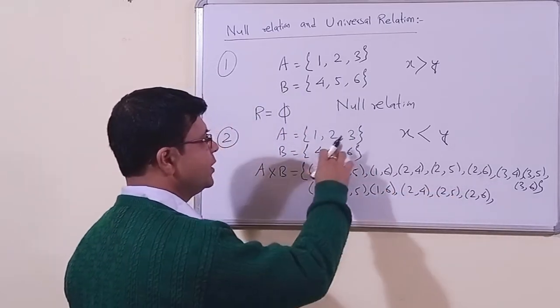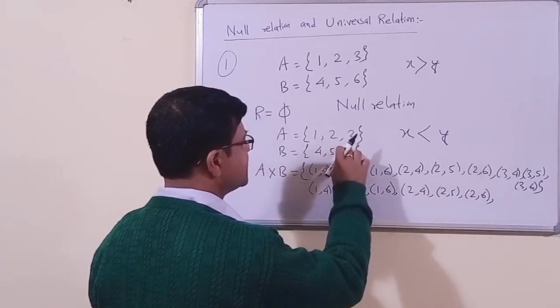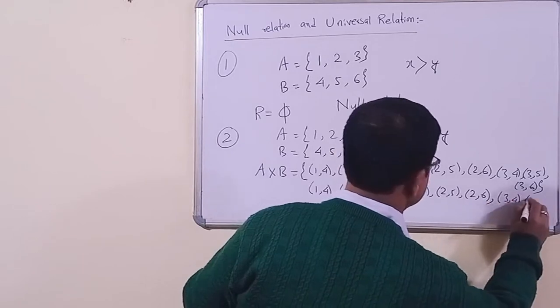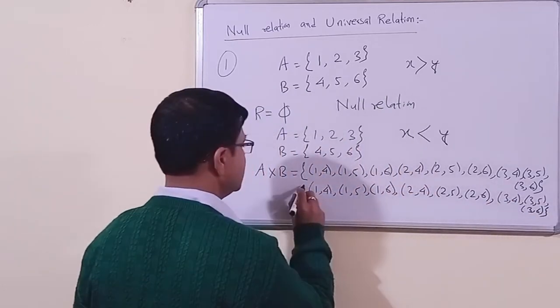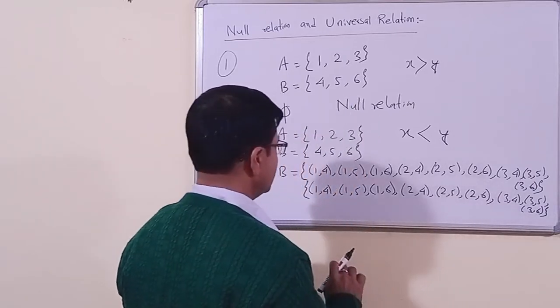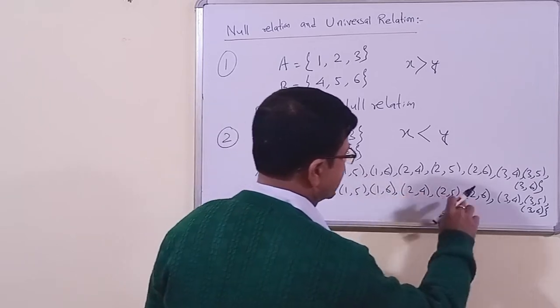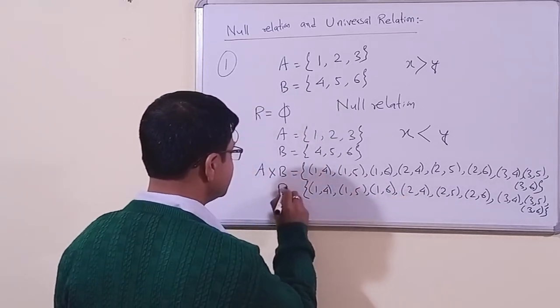Then 3 is smaller than 4, 5, 6. Now if we make a set, here the first component is smaller than the second component, so this is a relation.